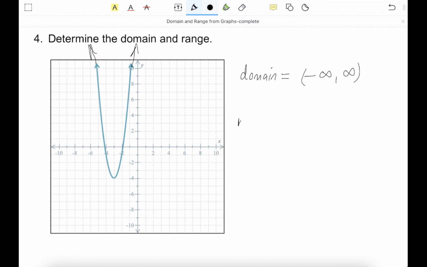The range is a bit more restrictive because they're both opening upward, and the lowest point occurs right here at (-3, -4). So the range is going from -4, the y value, up to positive infinity.